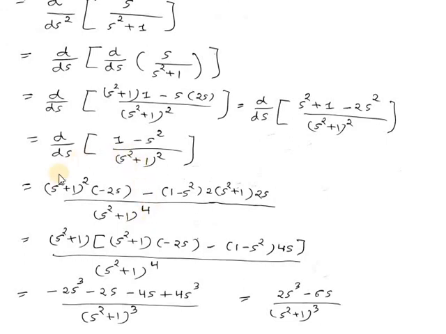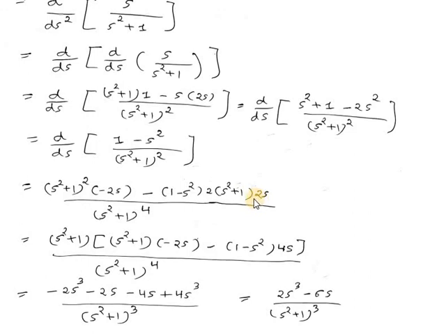Then denominator constant, so s square plus 1 whole square constant, and derivative of numerator, so it will be minus 2s because derivative of 1 is 0. Then minus numerator constant, therefore 1 minus s square will be constant, and derivative of denominator, so it will be 2 into s square plus 1 and derivative of s square is 2s.